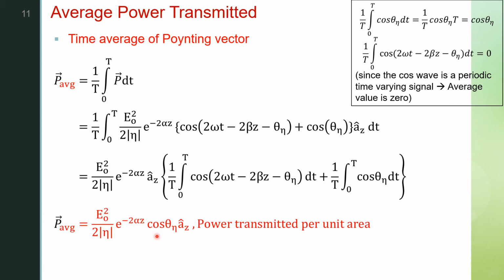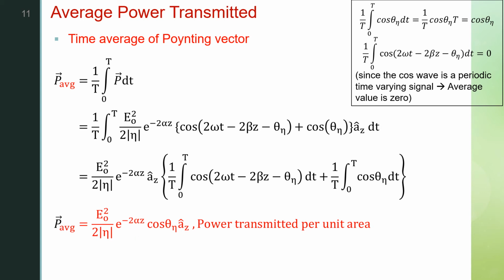It is cos theta eta, and the power is pointing along which direction? It is along the direction of wave propagation, and that is az cap. This average, the time average of the Poynting vector, also represents the power transmitted per unit area. But look at this expression, there is no variable t.